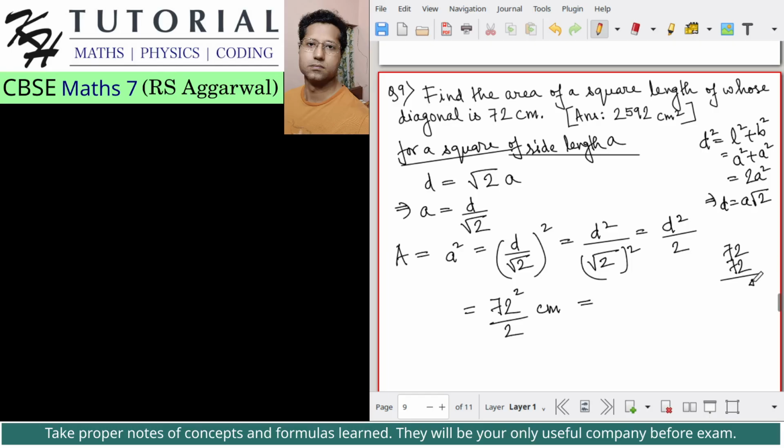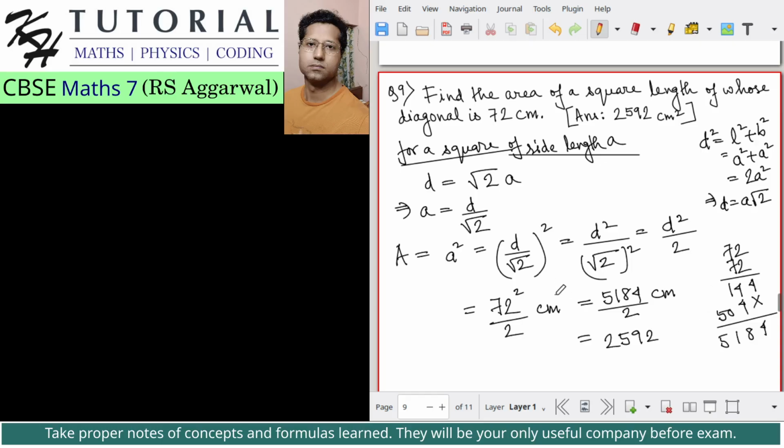4, 14, 8, 1, 5. So this is 5184 by 2 centimeter, and after simplification this becomes 2592.